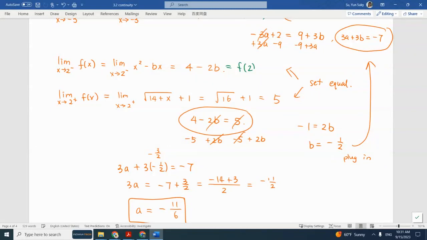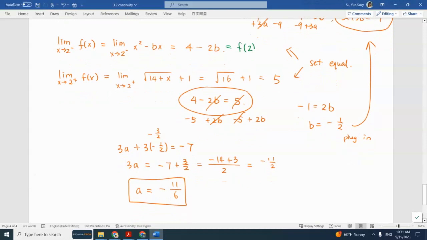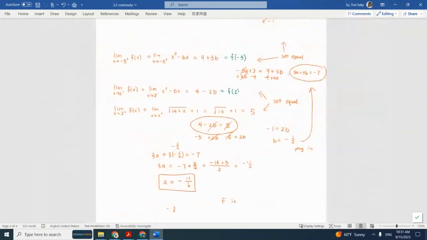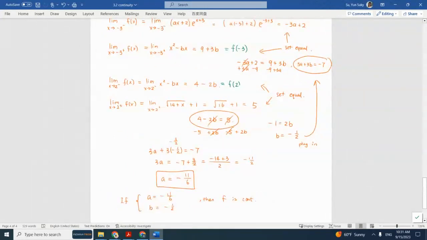Yes, right. So keep your answers in fractions. If you use decimals, you get long decimals, infinitely many digits. So finally we say if a is -11 over 6 and b is -1/2, then f is continuous everywhere. So this finished the problem.